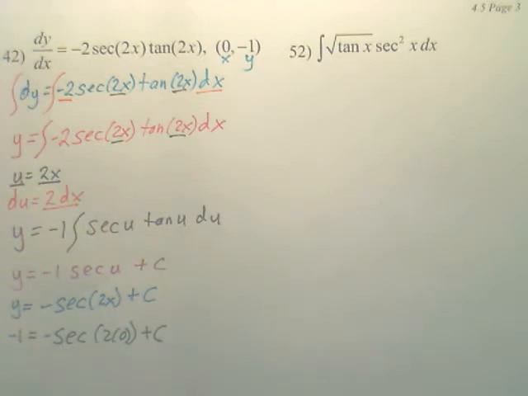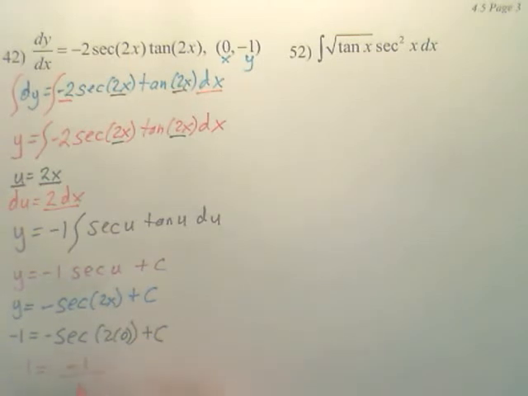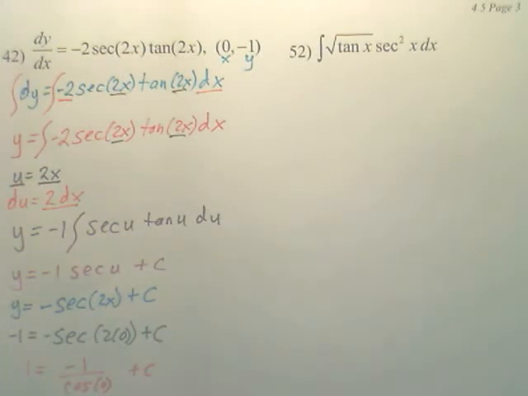Now, secant 0. Do you understand secant is 1 over cosine? So this would be negative 1 over cosine 0 plus c. What's cosine 0? Cosine at 0 is 1.